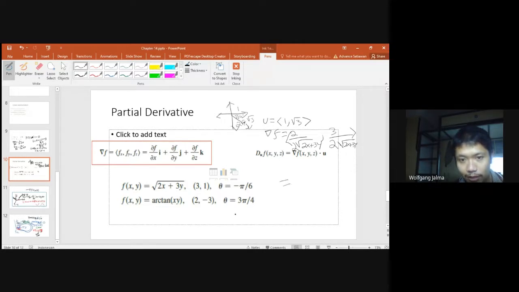So at the point (3,1), it becomes 2 over 2 square root of 9, 3 over 2 square root of 9.